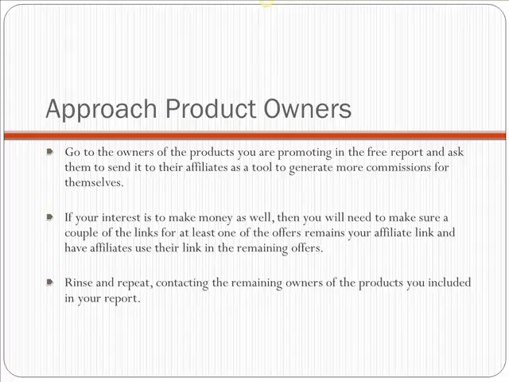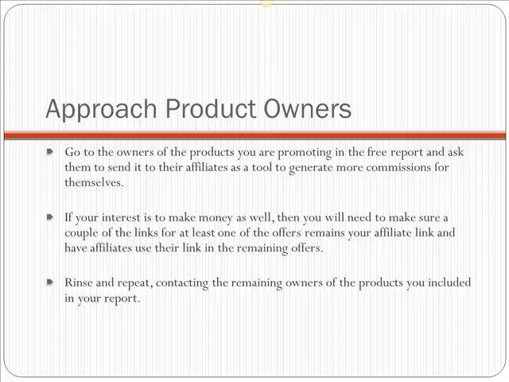So maybe you've put this report together and it was centered around three or four products. Make sure that all of these products go together and are relevant, which shouldn't be too much of a problem in your niche.